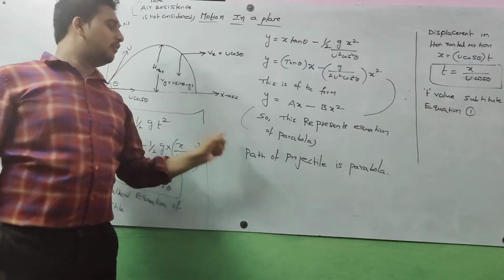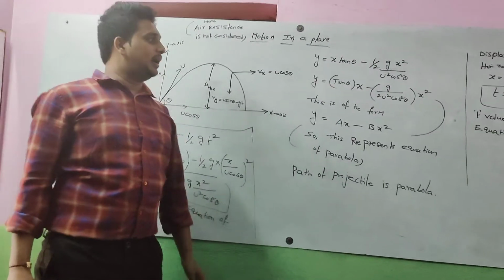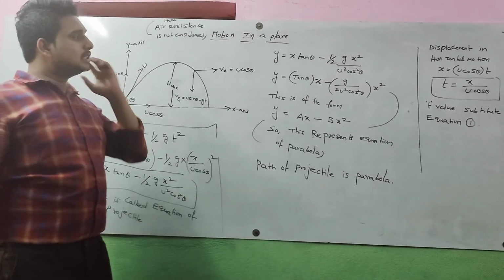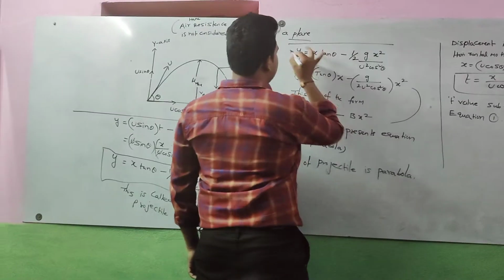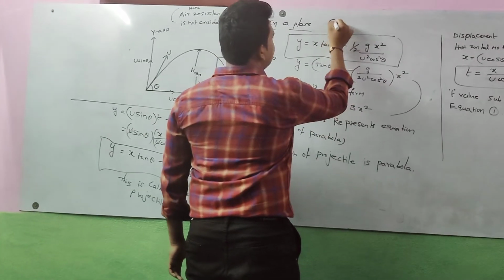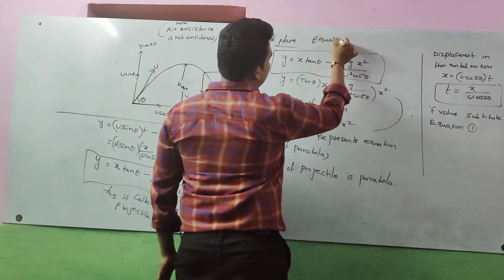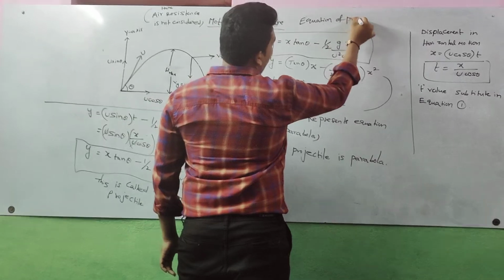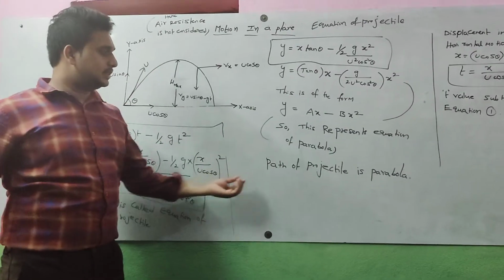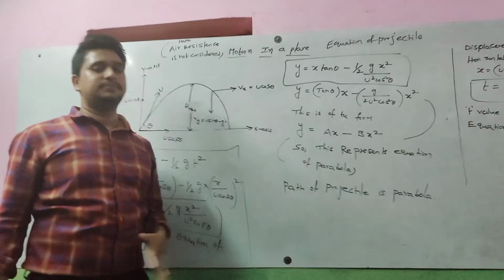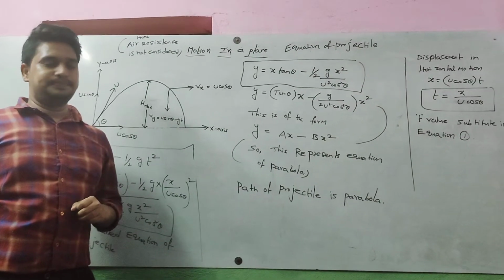So we got the path of the projectile as a parabola. This is called the equation of projectile, and the path of the projectile is a parabolic path.